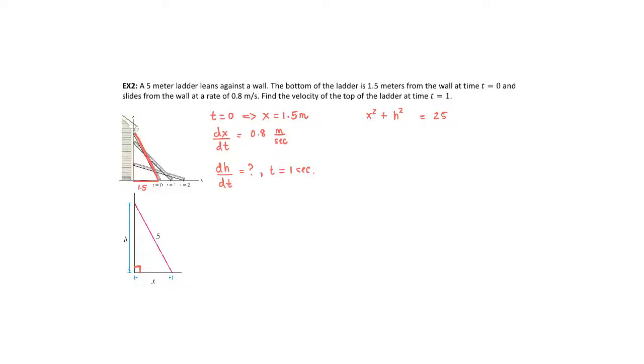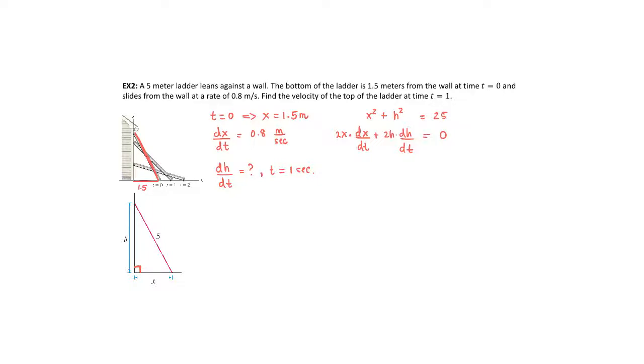Remember that x is changing with time and h is changing with time. So when I find the derivative of this equation, I have to use implicit differentiation. That means that we're going to have 2x times dx by dt plus 2h times dh by dt is equal to 0.